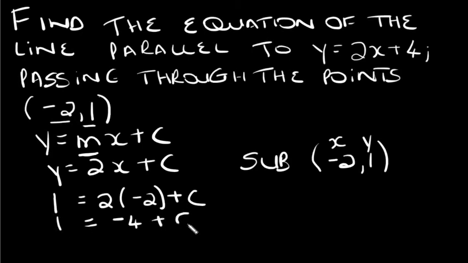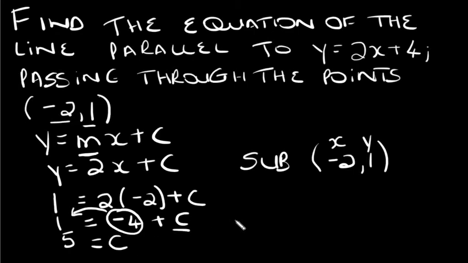And what are we solving for? We are solving for c. So we transpose the negative 4. We take it over to the other side, and when we take it over, the sign changes, so it becomes negative 1 plus 4. And negative 1 plus 4 is equal to 3. And we find that 3 is your c value.